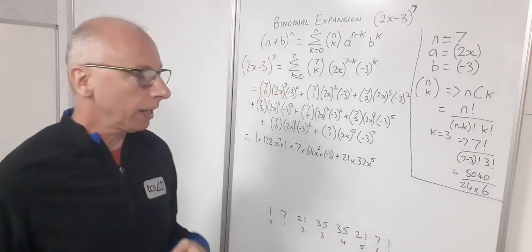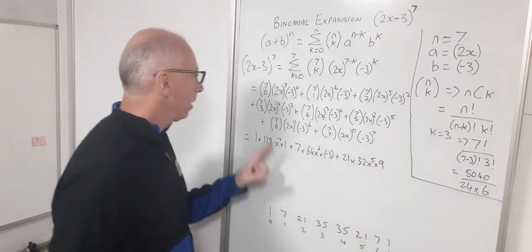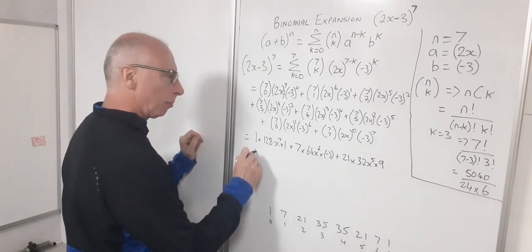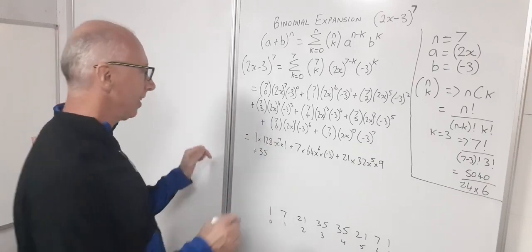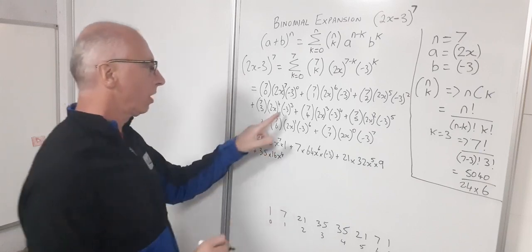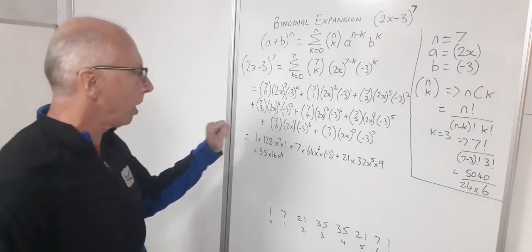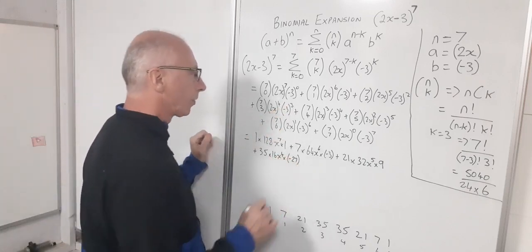Minus 3 squared, that's positive 9. Next one, 7 choose 3. That's 35, so plus 35. 2 to the power of 4 is 16, so that's times 16x to the 4. Minus 3 cubed is, well, 3 cubed is 27, but it's going to be minus, so that's times minus 27.